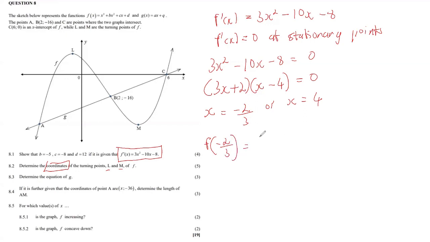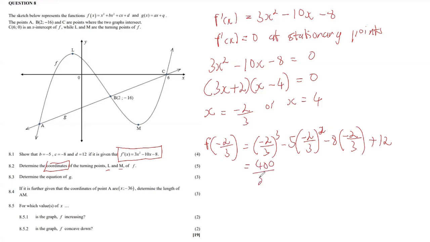Where there is x, I replace with negative 2 over 3, cubed, minus 5 times negative 2 over 3 squared, minus 8 times negative 2 over 3, then plus 12. When you punch all that into your calculator, you get 400 over 27, meaning that the coordinates for L are (-2/3; 400/27).